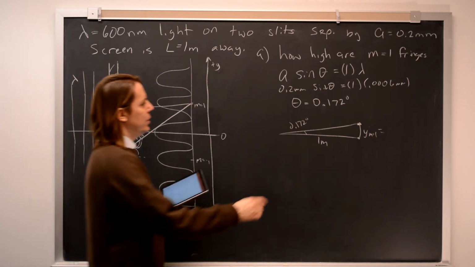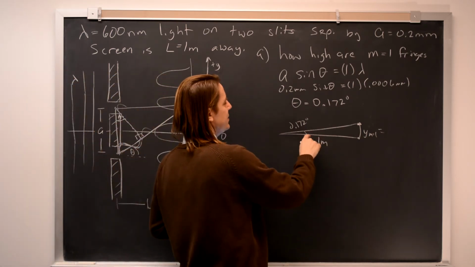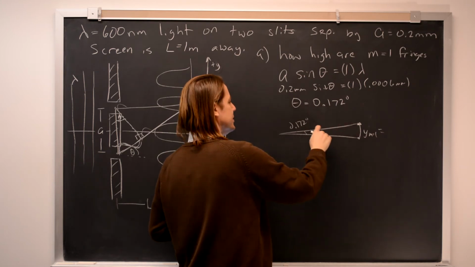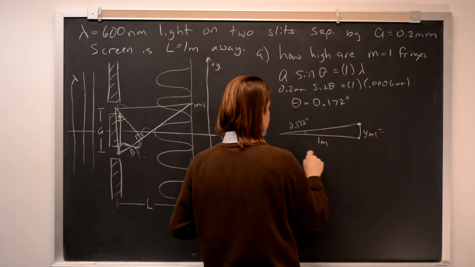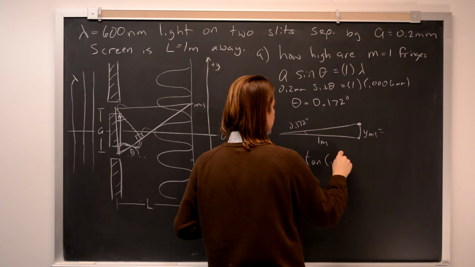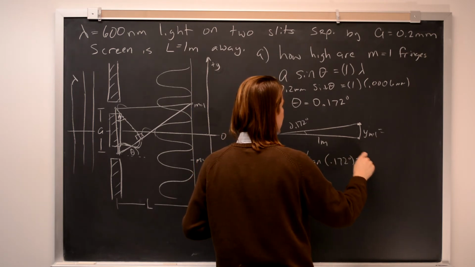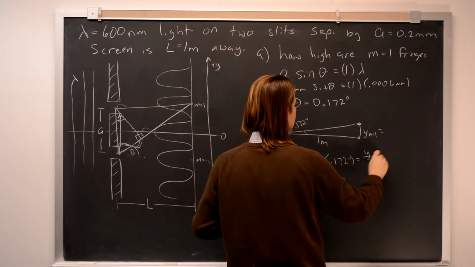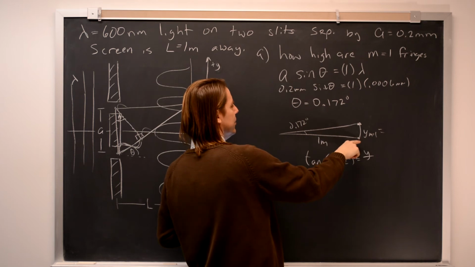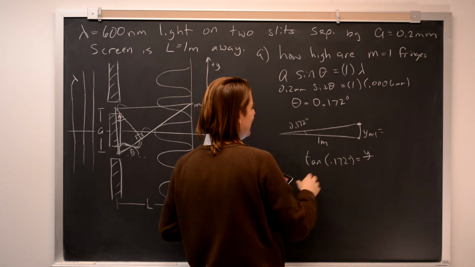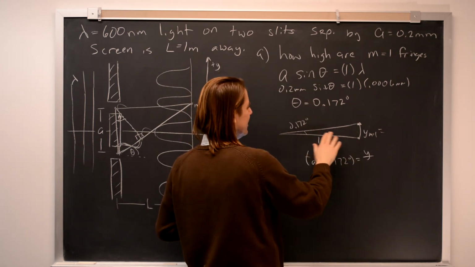Well, it must be that the tangent of this angle is opposite over adjacent. So we say tangent of 0.172 degrees equals opposite, that's what we're looking for, over, I'm sorry, we have the hypotenuse, it's the sine.